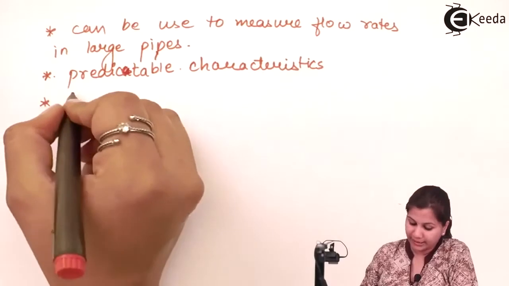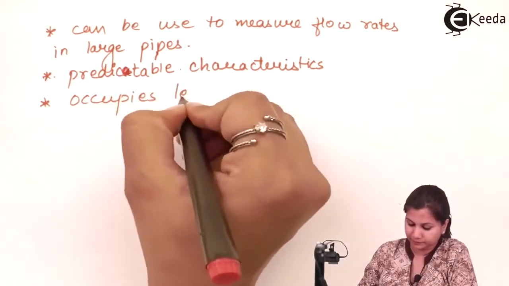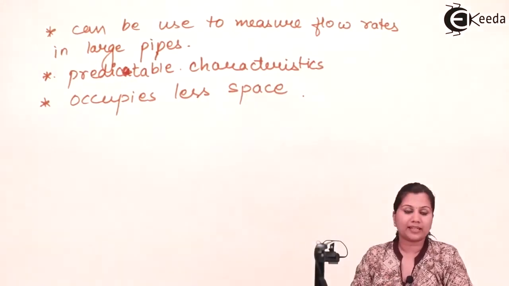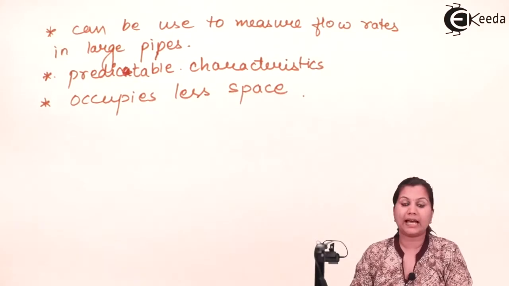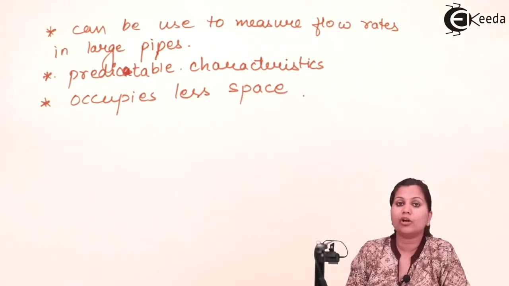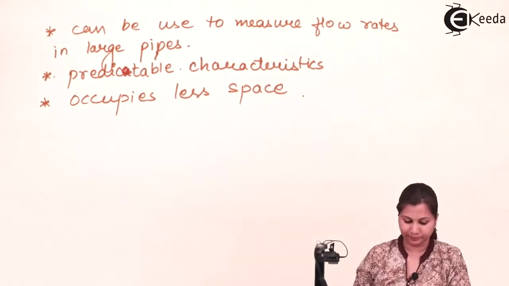Predictable characteristics and occupies less space. So we can say that the orifice plates are a very simple, easy and cheap method for the measurement of flow rate of liquids as well as gases.